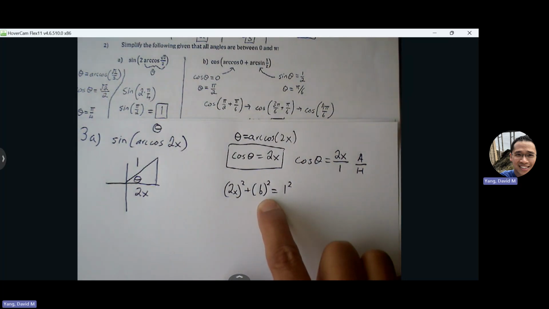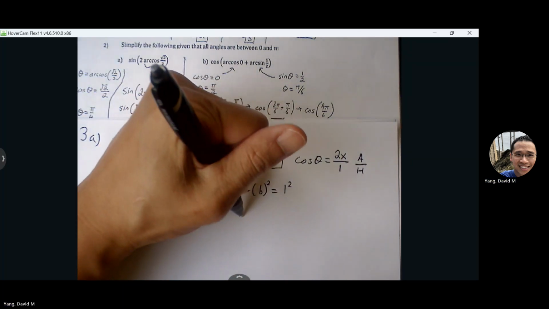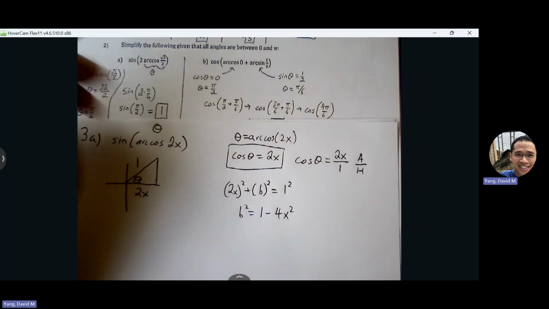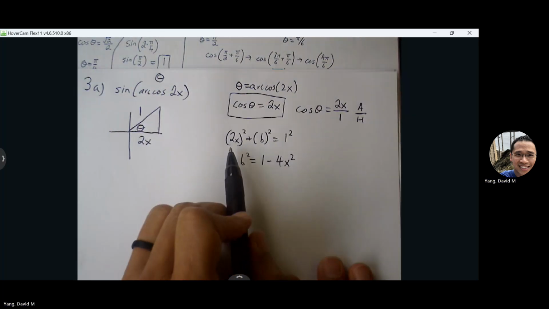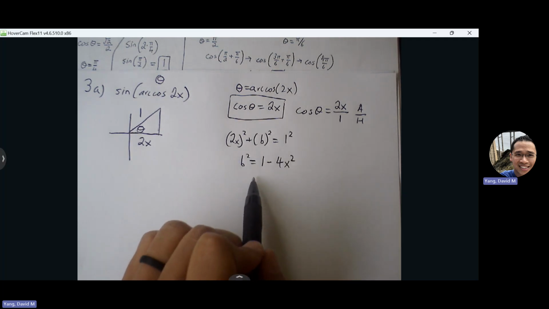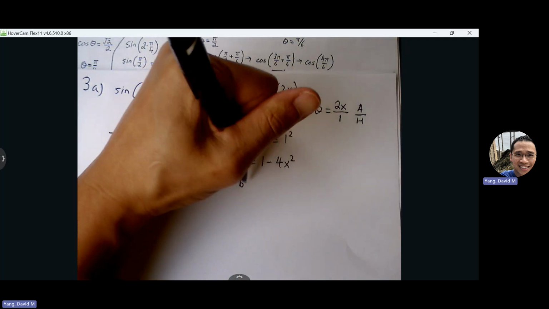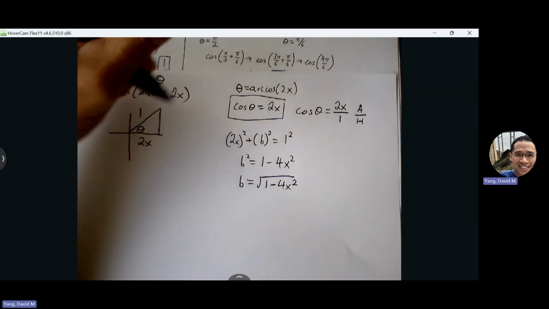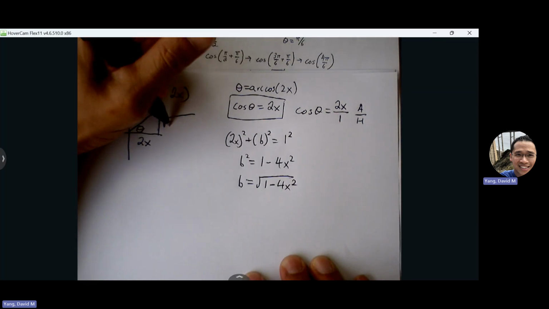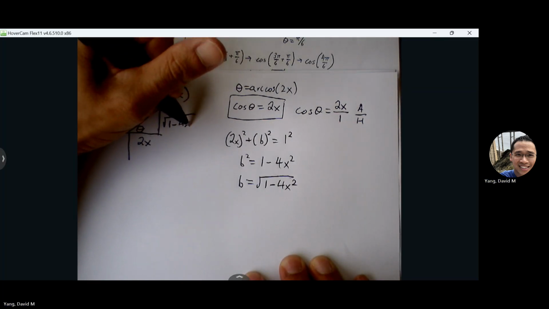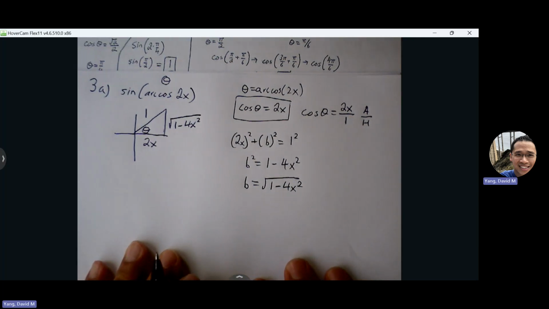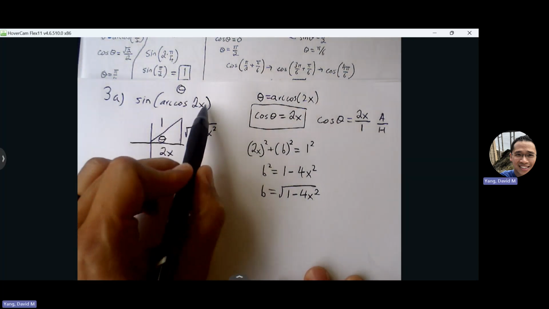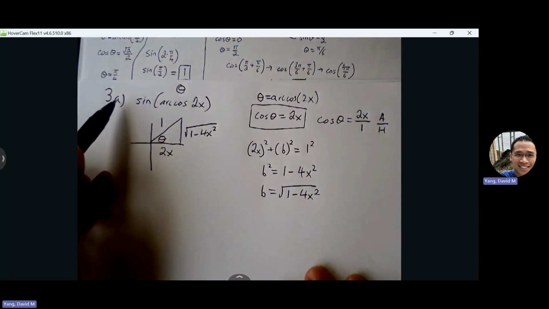And if I get b by itself, b squared is equal to 1 minus 4x squared. If I expand out that 2x squared, I'll get 4x squared. And if I take the square root to get b by itself, I get square root of 1 minus 4x squared. So now that represents my opposite side.